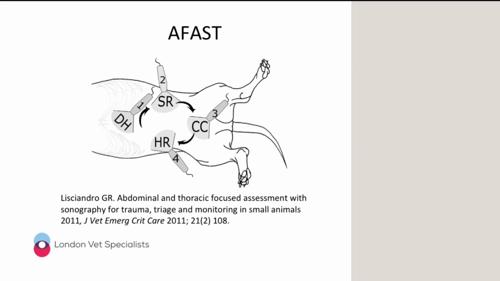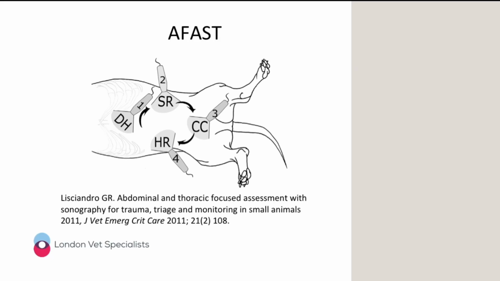Region 1 is called the diaphragmatico-hepatic region, and that's dorsally and cranially. Region 2 is the splenorenal region, and that's dorsally. We've got the cystocolic region, which is caudal, and that's region 3. And then region 4 is the hepatorenal region, which is the most dependent part of the abdomen.